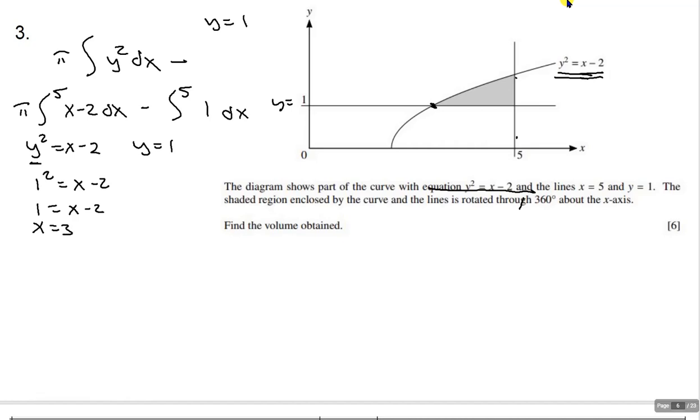This point is going to be 3, 1, right? So now I know what my boundaries are. I'm going to go from 5 to 3. And see, now all I got to do is these two integrations.